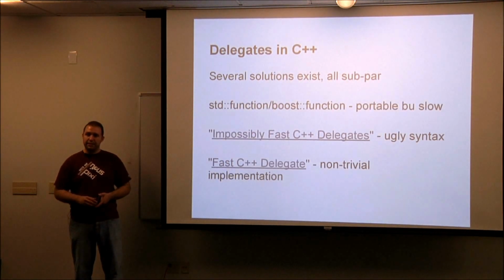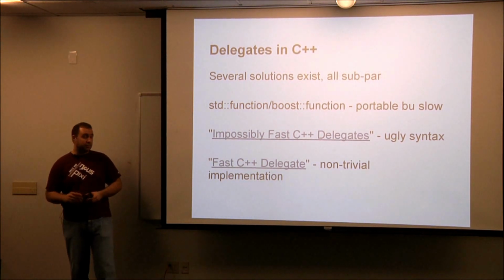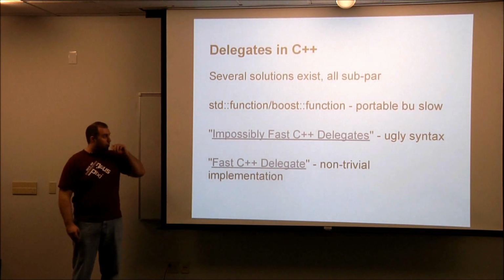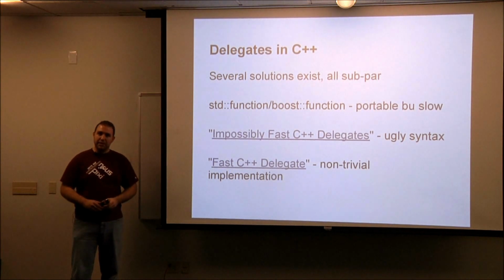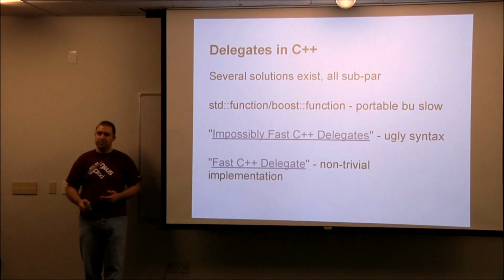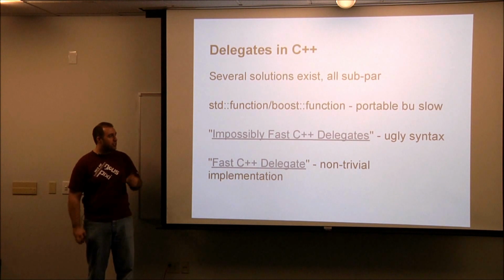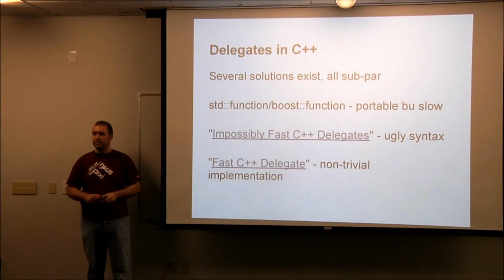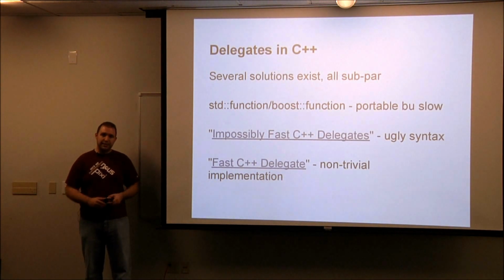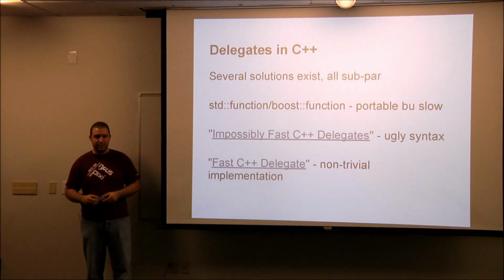Couple existing solutions. These are things you guys should all definitely look up. There's a lot of use cases for delegates besides just messaging. One of the standard ones built into C++11, or available as Boost before C++11, is the standard function or boost function template classes. One of the problems with these is that they tend to have a lot of overhead. They are completely purely standard C++ code.